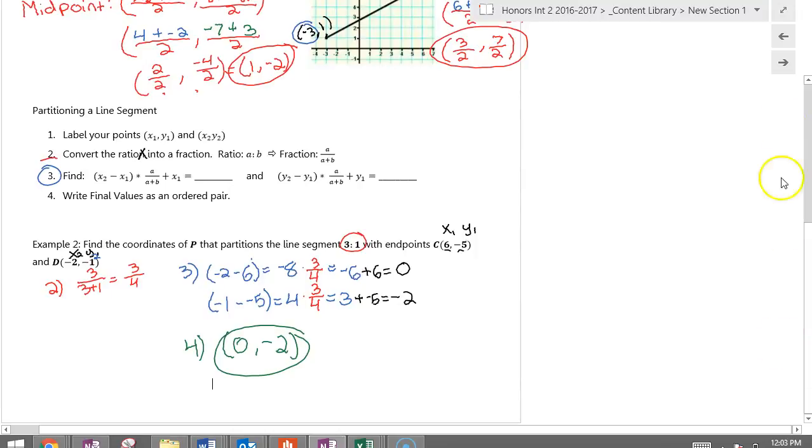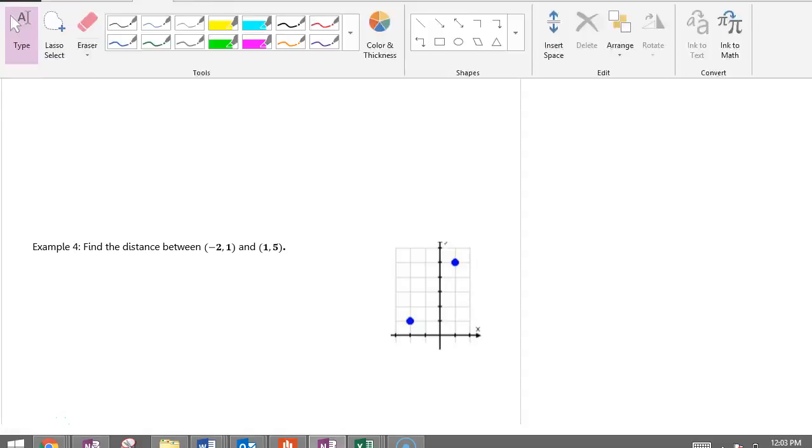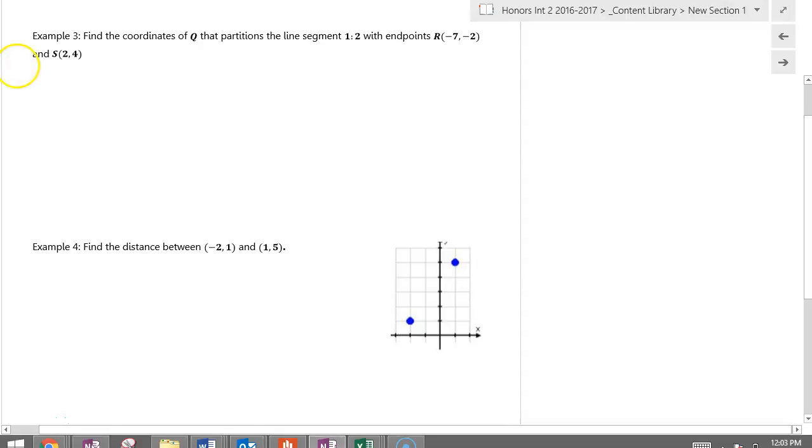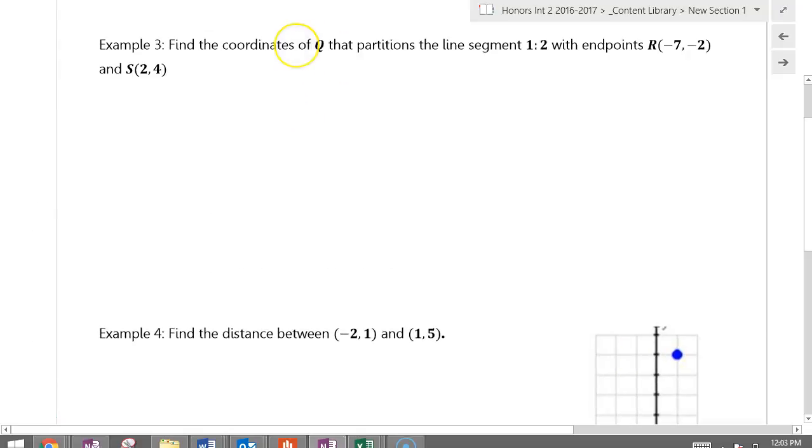Let's look at the next page. We're going to do one more example with partitioning a line segment. So again, our first step is to label our points.